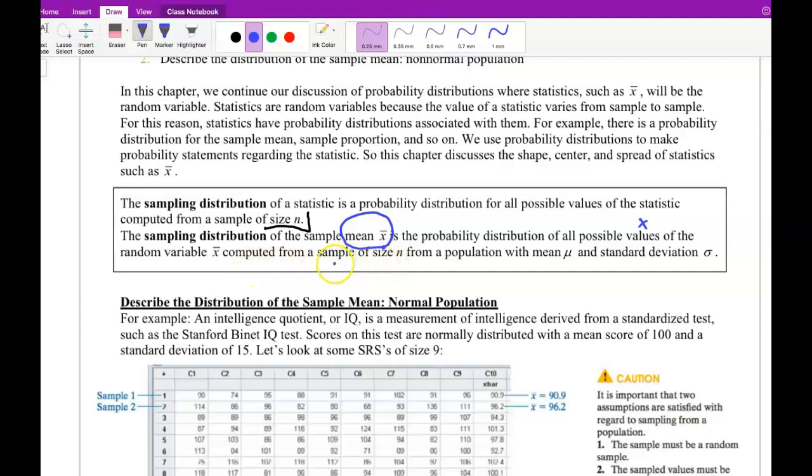Here again we have a sample size of n from a population. For the population, this mean is for the population and the standard deviation is this part.